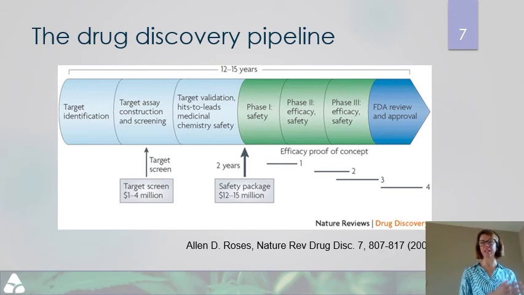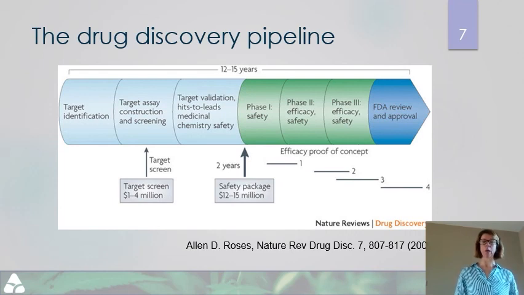So a lot of the initial phases could be skipped, and it went quite quickly into phase 3, and they did 4 phase 3 trials in a short amount of time, and then they were able to apply for approval. So I think the entire process probably only took about 6 to 8 years. So it is possible in cannabis-based medicines with a novel product to be able to actually get through that pipeline quicker than you would in a normal drug discovery process.